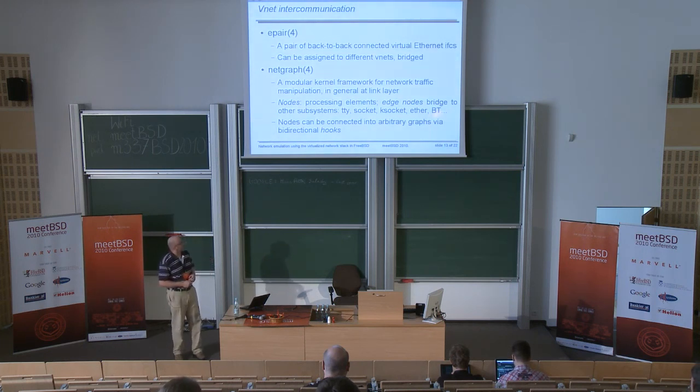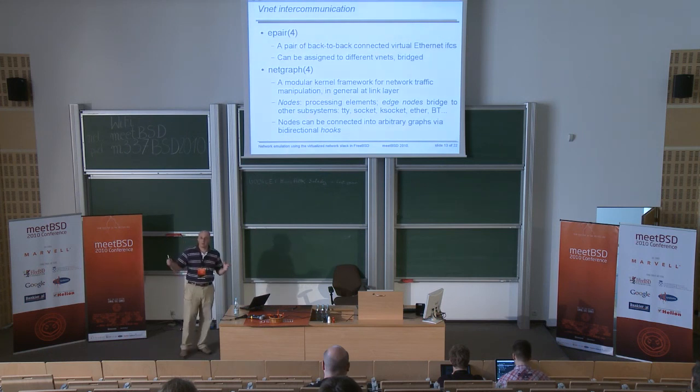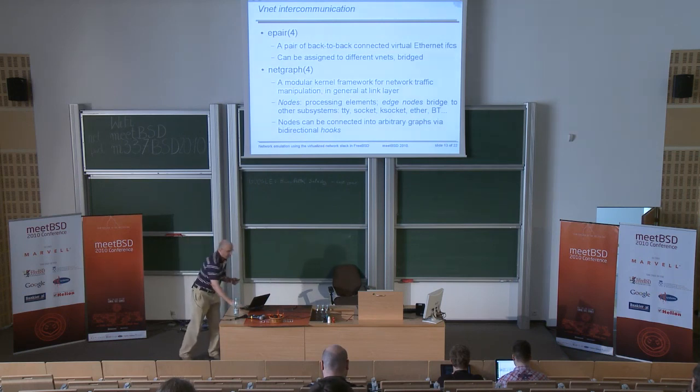I think the whole Bluetooth stack in FreeBSD heavily relies on netgraph. Anyhow, this is a system which mostly by function calls passes mbufs, so network packets, from one processing node to another.